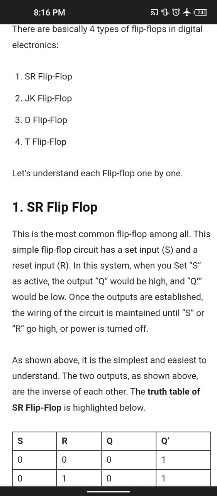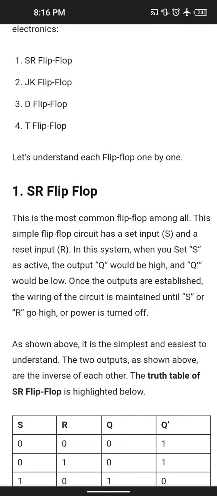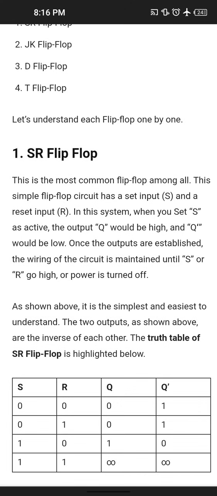This simple flip-flop circuit has a set input S and a reset input R. When you set S as active, the output Q would be high and Q prime would be low. Once the outputs are established, the state of the circuit is maintained until S or R goes high or power is turned off. As shown above, it is the simplest and easiest to understand.